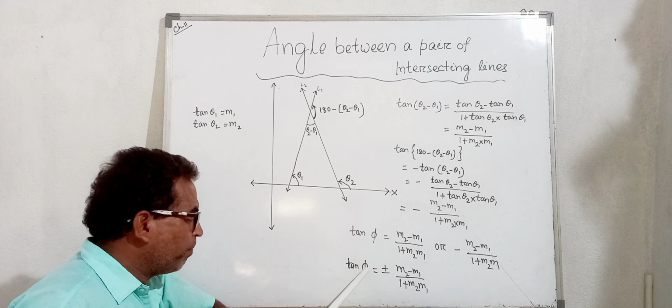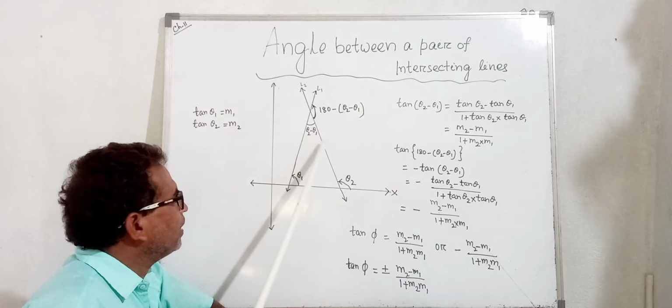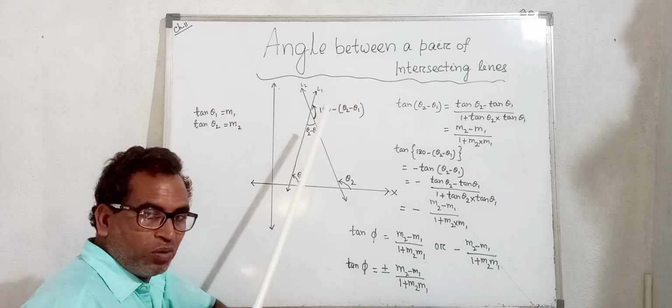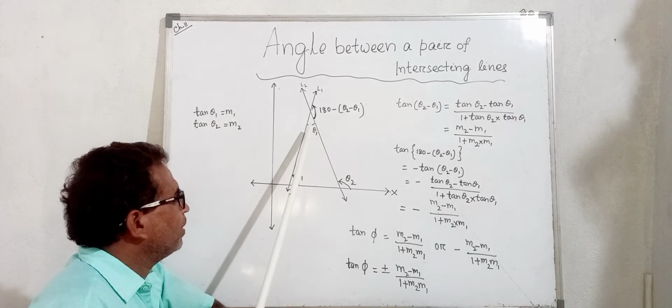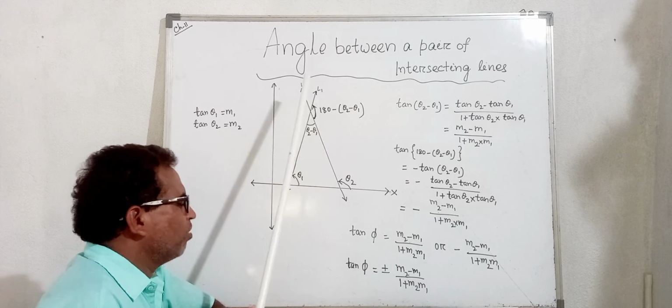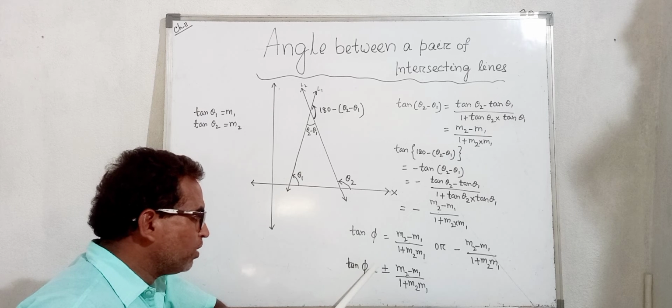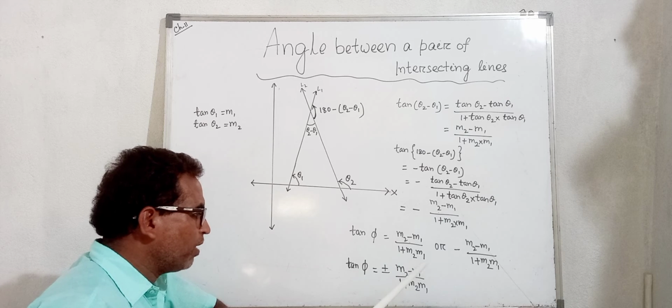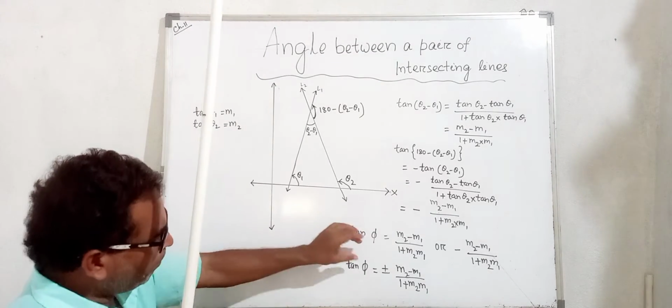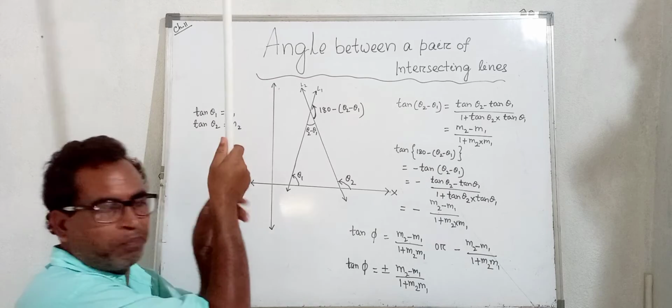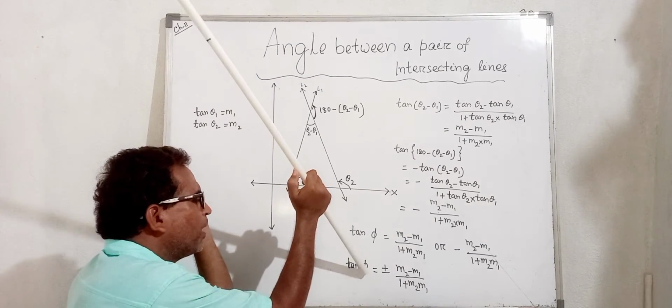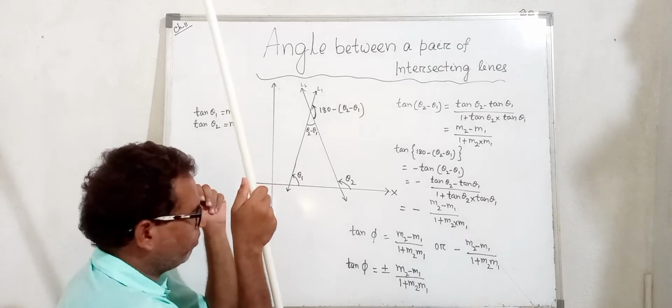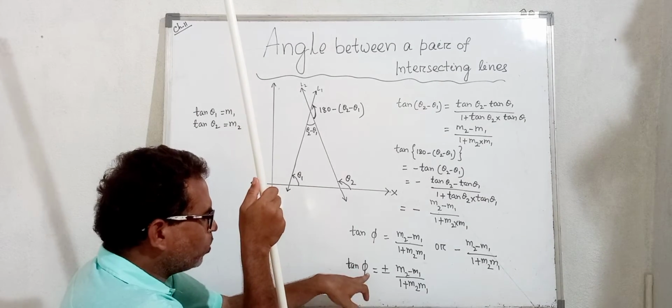This angle or this angle is possible between two straight lines. So tan phi is equal to plus or minus (m2 minus m1) by (1 plus m2 into m1). That means phi has two values.